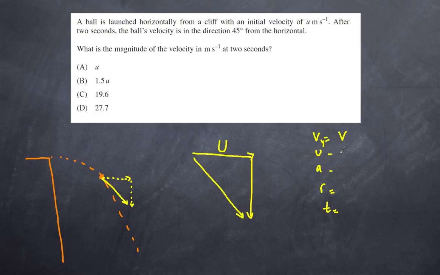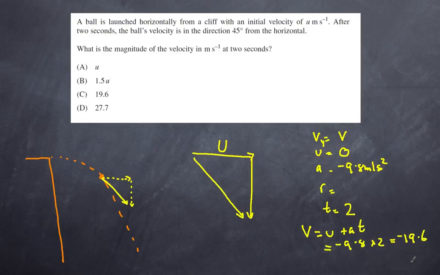The initial velocity, of course, is 0. The acceleration, of course, is negative 9.8 meters per second squared. And the displacement we don't know, but we do know this is 2 seconds later, so we can put 2 over here. And so we can say v is equal to u plus at, and therefore our velocity is simply equal to negative 9.8 multiplied by 2, which is equal to negative 19.6.